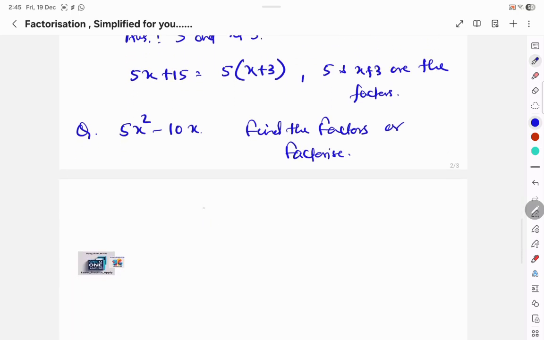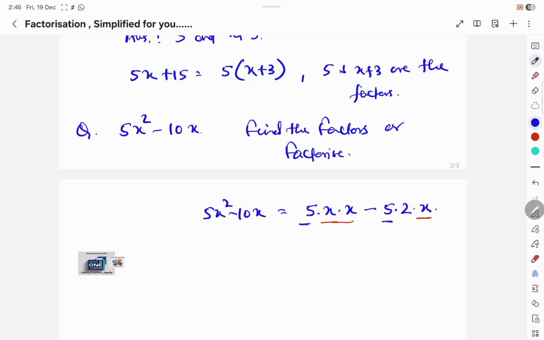So what we can do, 5x square minus 10x can be written as 5 into x into x minus 5 into 2 into x. Now see what all we have common. For the first term, we have x into x. Second term we also have x, and here we have 5 and here also we have 5.